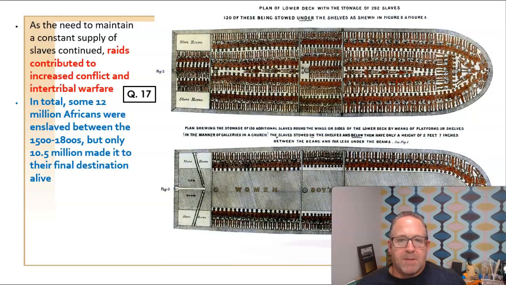And so the men, because they were shackled in place, would have to relieve themselves where they were. And because of the lack of clean air, or fresh air, and frequent cleanings of these areas, which didn't take place, disease became a problem. And so that was what typically was responsible for so many people dying.